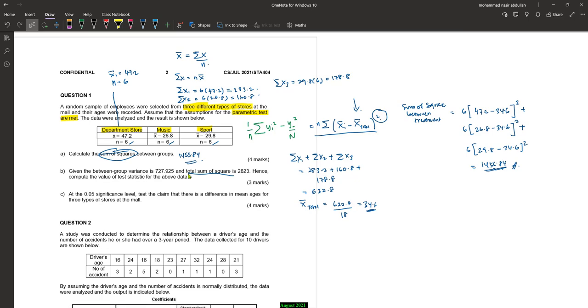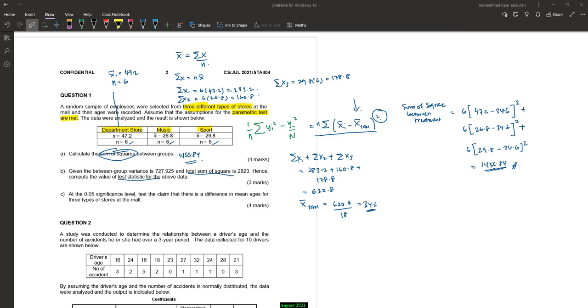So they want us to compute the test statistic for the above data. Variance means the mean square for between group, which should be equal to 727.925, and the total sum of square is 2823.